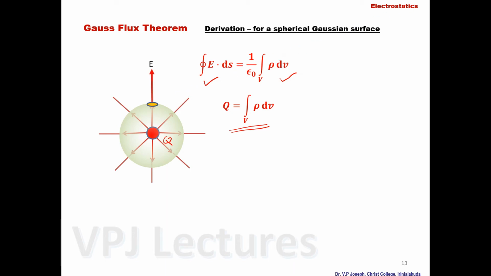And we can see that the electric field over the surface is constant everywhere, and it is radially moving out also. Since it is a spherically symmetric situation, the electric field is constant, and here it is represented as E in this direction, moving radially outwards.